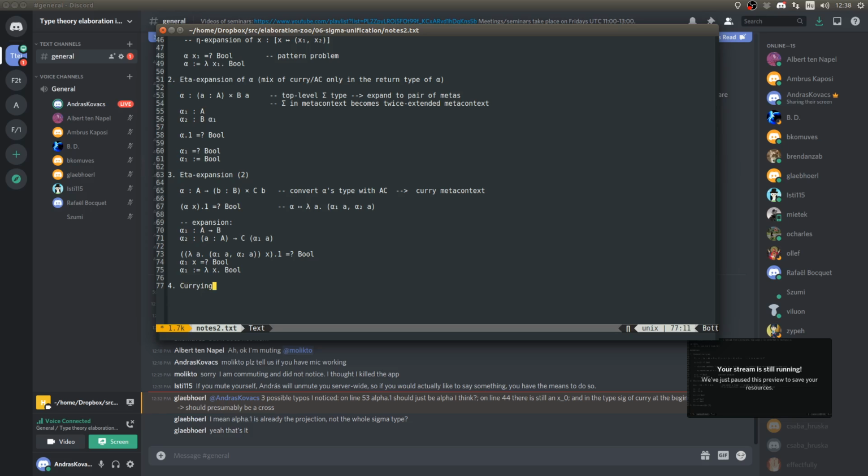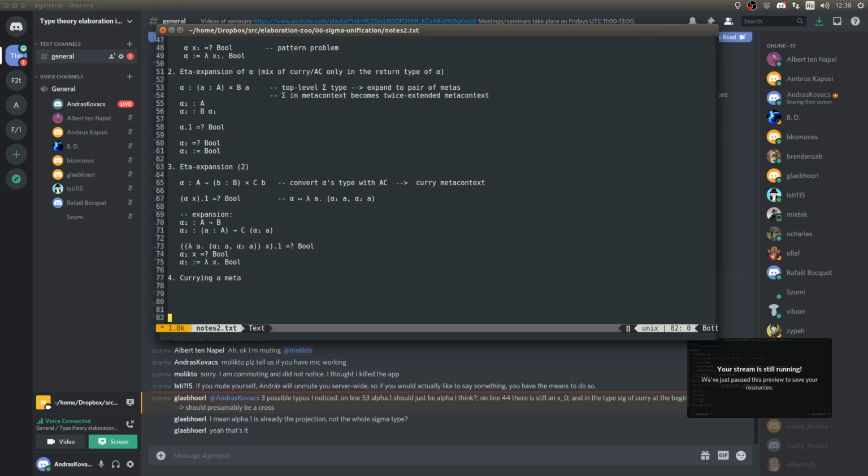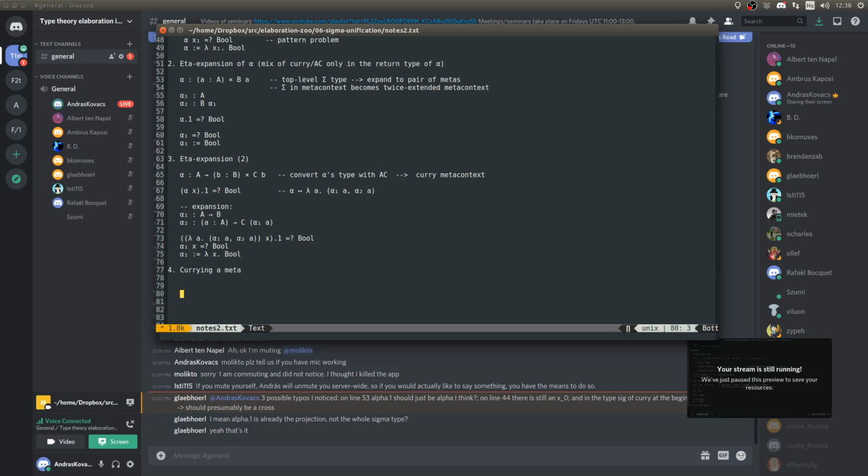So this was like eta expansion, which is kind of a mix of currying and axiom of choice, but we can only use the axiom of choice in the return type of the meta. That's why we can eliminate these projections from problems. But we can also have a problem like this.